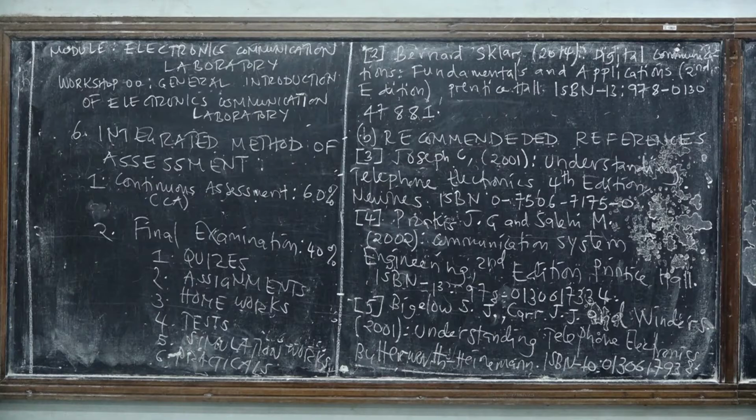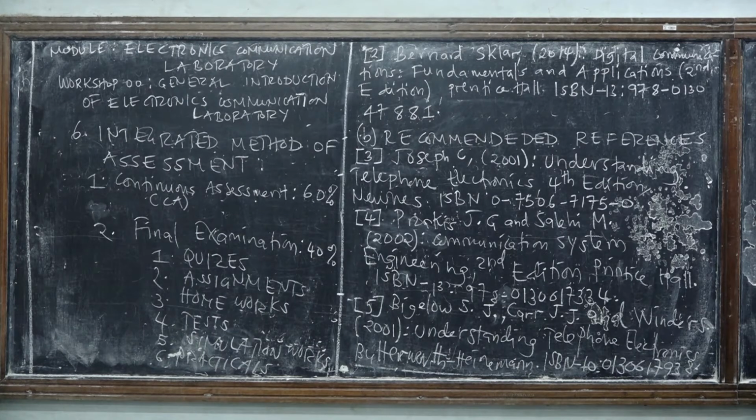Because if you miss quizzes, you'll make sure that you do well in assignments. If you fail assignments, you have to make sure that you do well in practicals. If you miss some marks in simulations, you have to do well in something else. If you miss some marks in homeworks, then you can compensate for them in practicals.